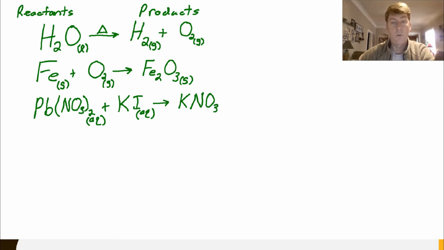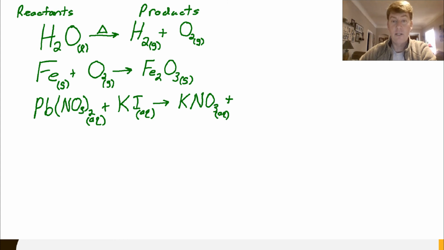Now, like I said, there are rules, and you'll be able to go through these. A couple simple rules that you can remember: nitrates are always soluble. It doesn't matter what the nitrate is with. Something nitrate is going to be dissolved in water. Water can always pull it apart. The other one that is easy to remember is the alkali metals are always soluble, except lithium fluoride. So potassium is always soluble.